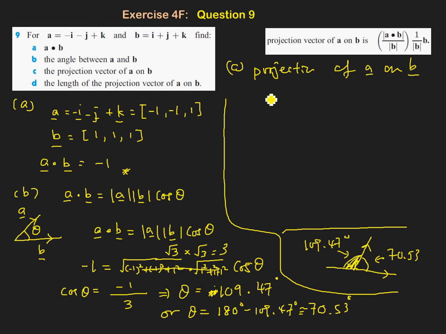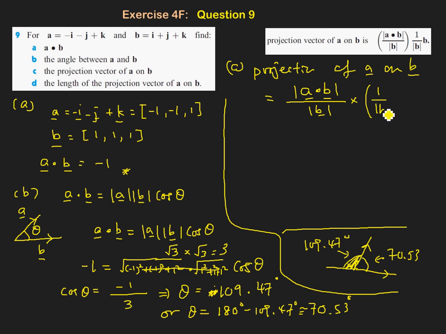Just use A dot B over the modulus squared. We just want to ensure there's no negative value when you do the dot product of B with B. Then multiply by this part, which is actually the unit vector, if you recall.